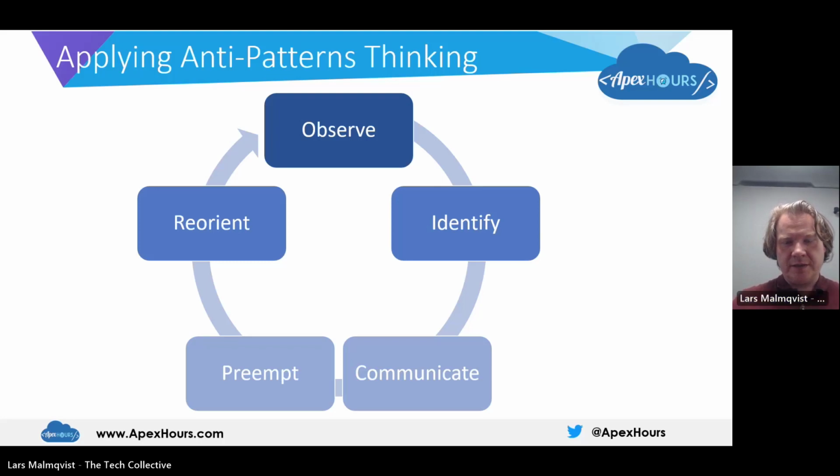So, embracing anti-patterns thinking is, in my view, essential for maintaining a healthy Salesforce environment in the long run. But remember that this is something that you have to do continuously. And there's always room to adapt and improve, to make your organization even better.